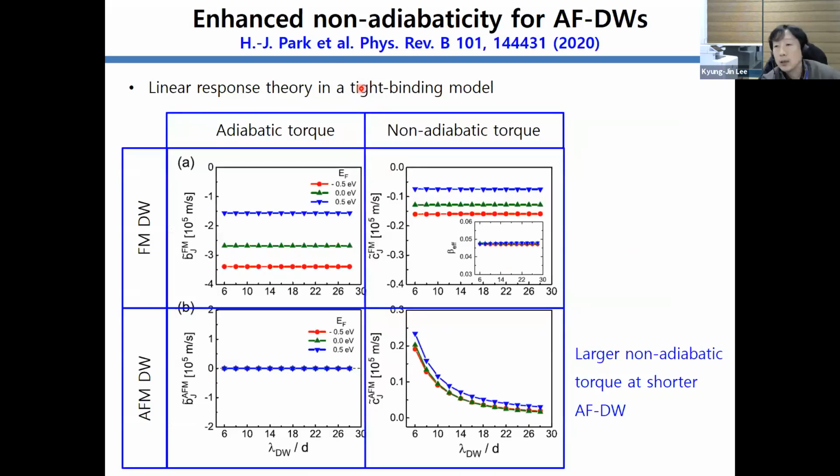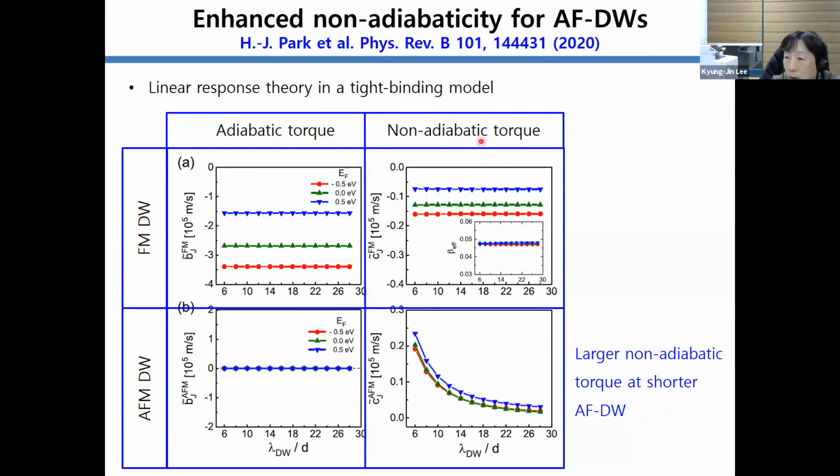So we carried out linear response theory in a tight binding model calculation for the spin transport torque of the domain wall. These two top panels are for the ferromagnet domain wall. The bottom two are for the antiferromagnet domain wall. The left column is for the adiabatic torque.